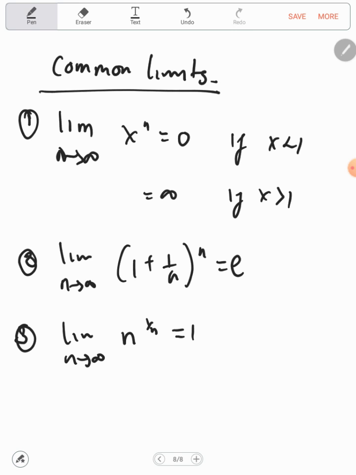Okay, so there are a lot of common limits. These common limits can be used to find the limits of other sequences that look like the common limits, that are closer to the common limits. Look at this example.